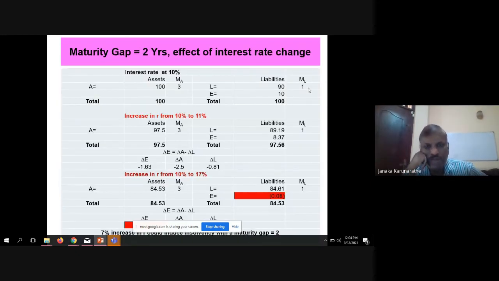Now take a scenario. The current interest rate is 10%. Assuming a parallel shift in both assets and liabilities from 10 to 11%, what is the impact on market values?